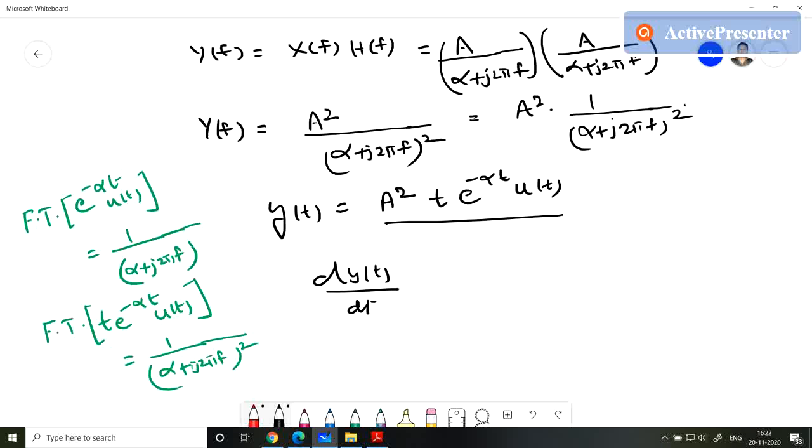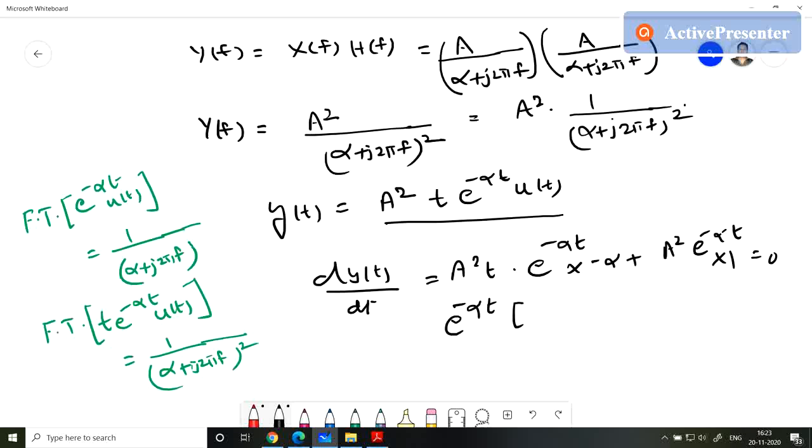So dy/dt is equal to a square t e^(-alpha t) into minus alpha plus a square e^(-alpha t) into 1, and that is equal to 0. Solving this expression, we get e^(-alpha t) (1 minus alpha t) equals 0, so t is equal to 1 divided by alpha.